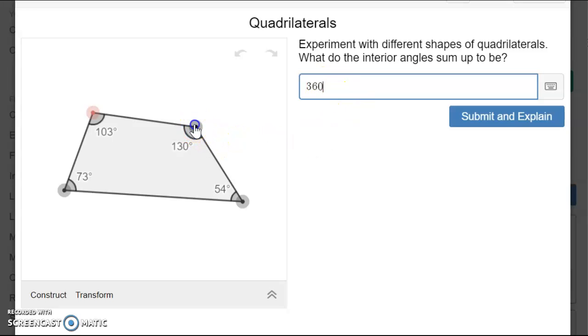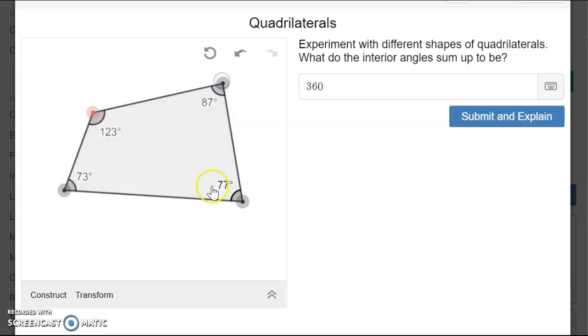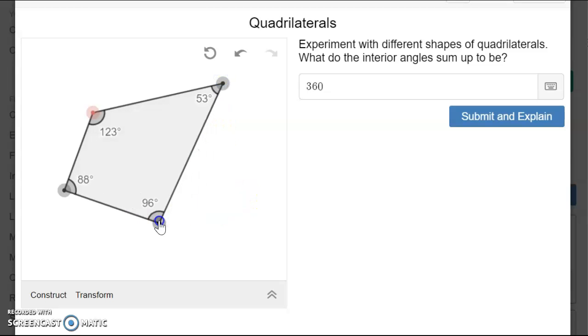What if I change the shape a little bit? Would that still add to 360? Let's check that on the calculator. That's 123 plus 53 plus 89 plus 95, and again, I get 360.